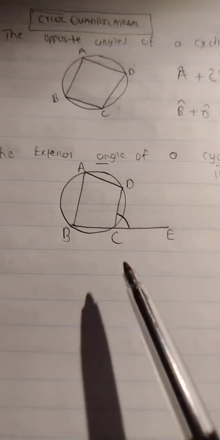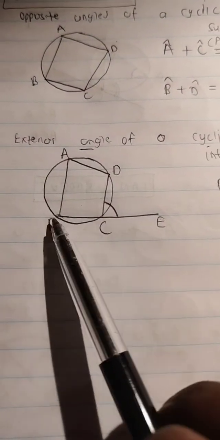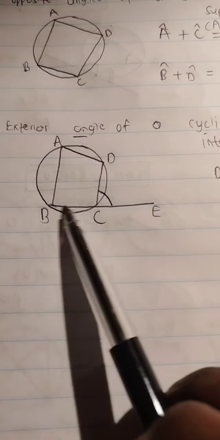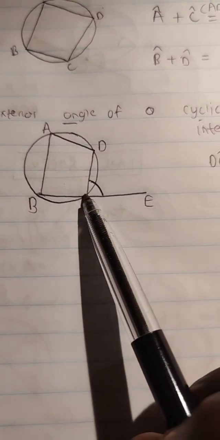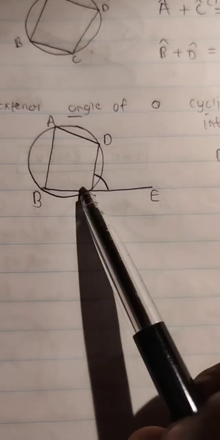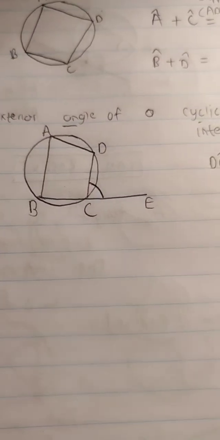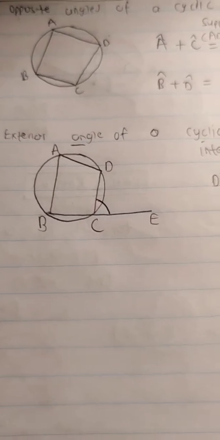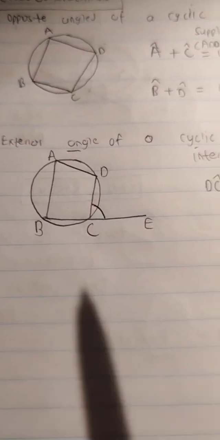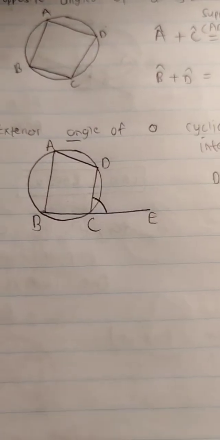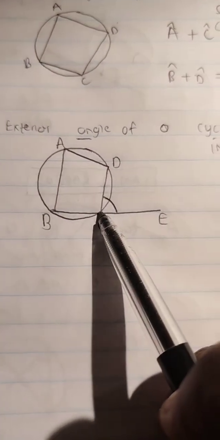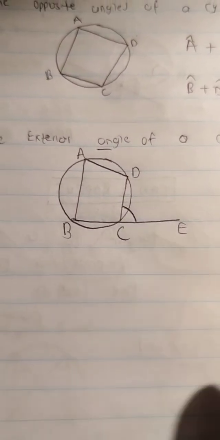So this exterior angle is not a true exterior angle that is equal to the interior opposite angle, but this one is, because it is in line with the side BC. CE is simply an extension of BC, so the side must be in line with the extension that forms the exterior angle. That's what qualifies this as a true exterior angle.